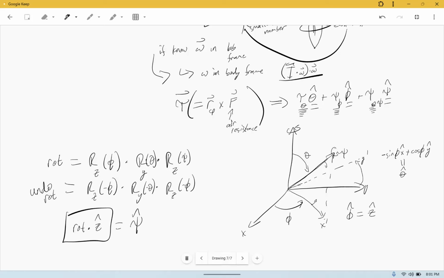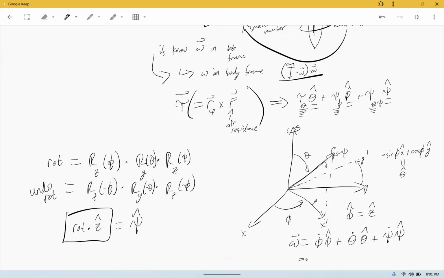Okay. So if you've got an omega, now we need to think about what happens if you've got a little bit of omega. So omega has got to be how phi dot is changing in the phi hat direction, plus how theta is changing in the theta hat direction, plus how psi is changing in the psi hat direction, right? So that's really interesting.